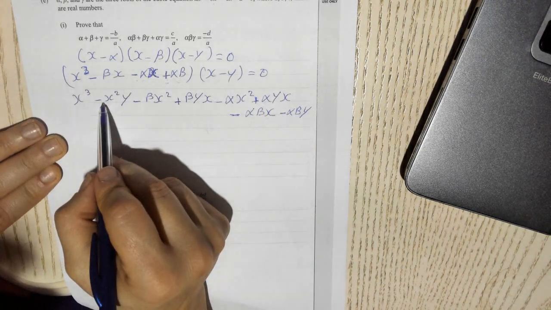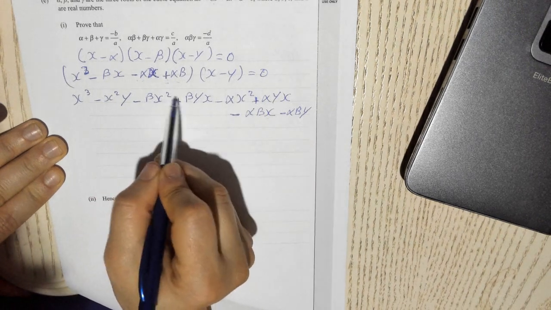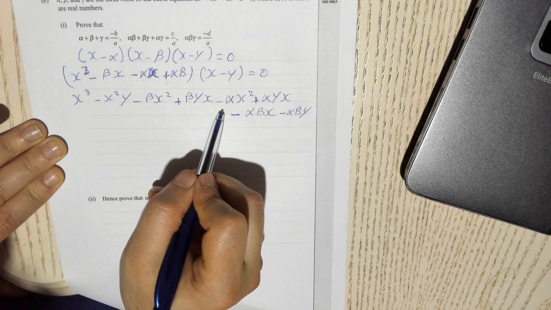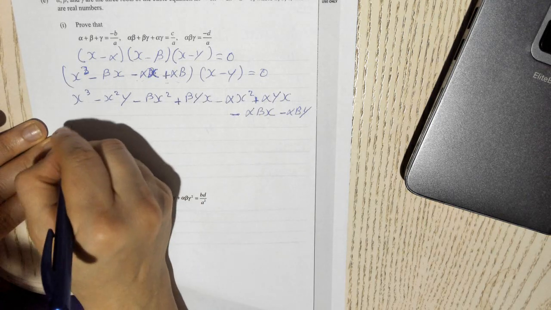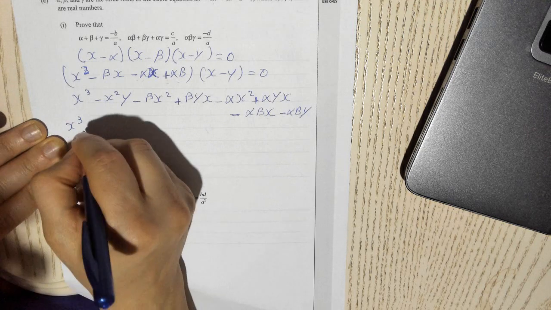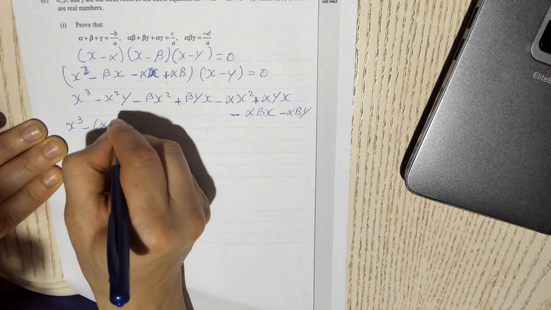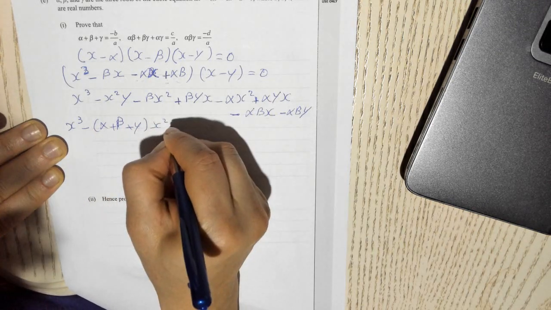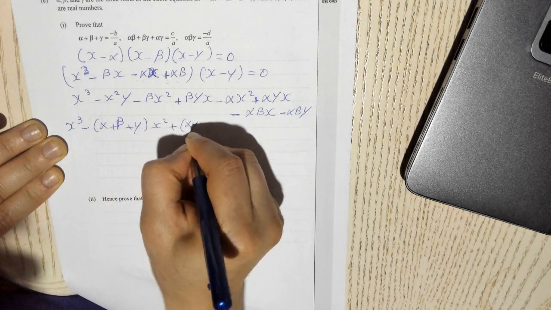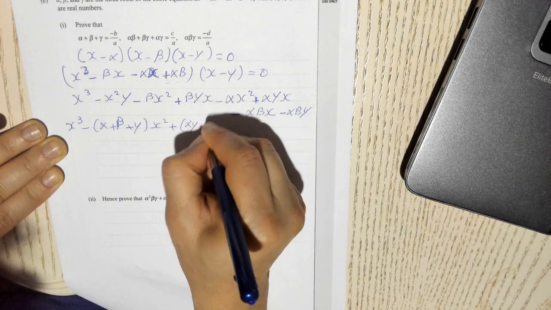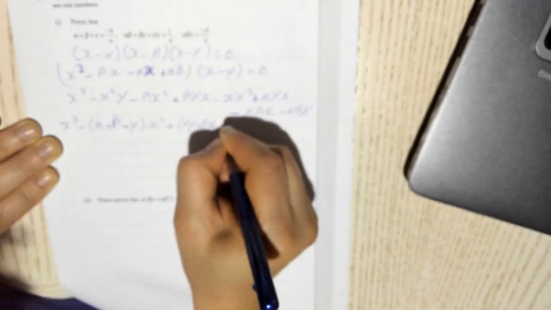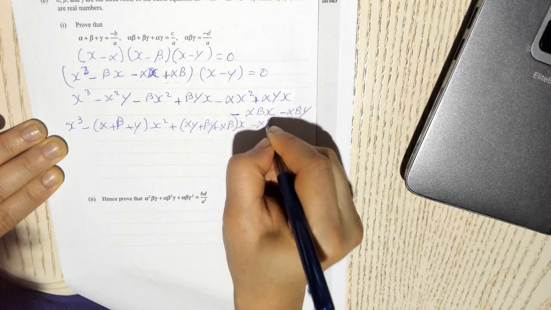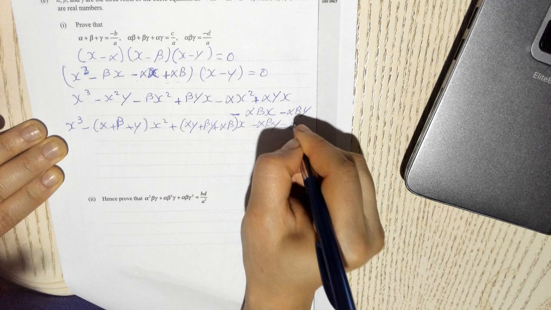Okay, so after that you will rearrange it with the coefficients of x squared together, the x's together and the constant by itself. So you've got x to the power of 3 minus (alpha plus beta plus gamma) x squared, plus (alpha beta plus beta gamma plus alpha gamma) x minus alpha beta gamma equals 0.